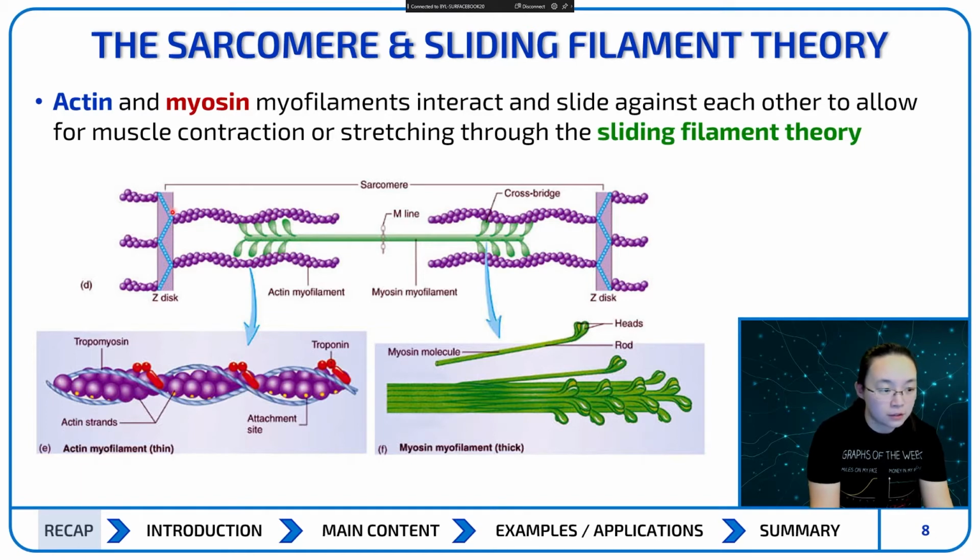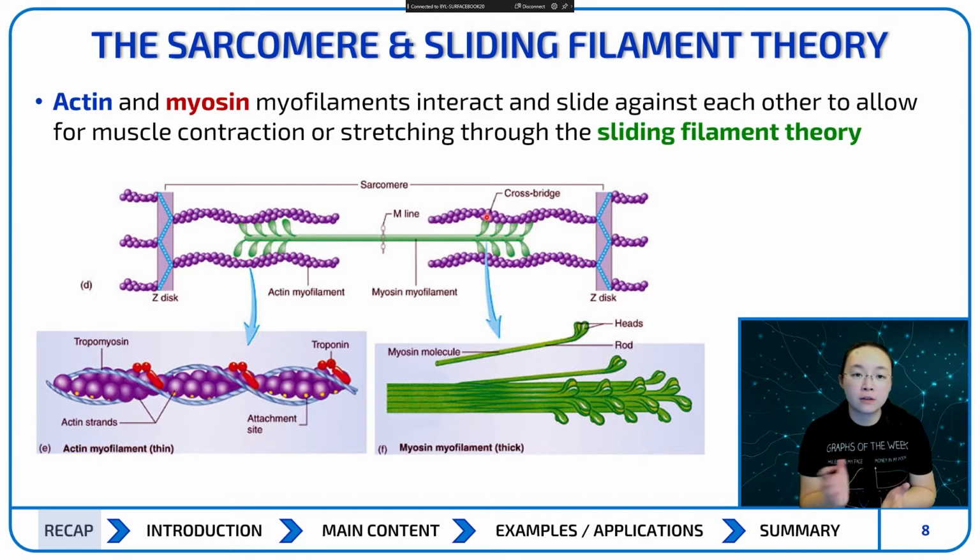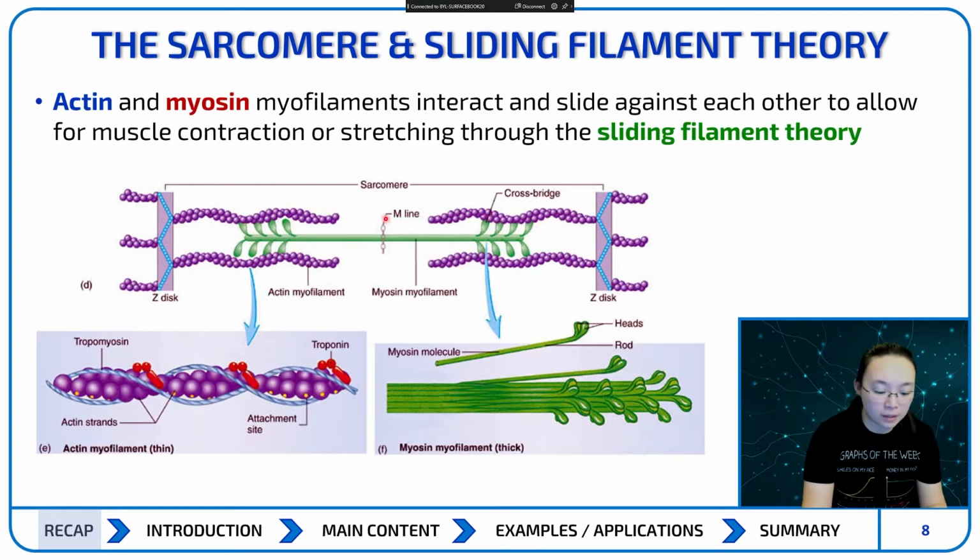The actin is shown here in purple, and then you have your myosin in green. And if you take a look at the green, you have these myosin heads that come up and stick to your actin. And it's these heads that push your actin closer and closer to the M line, which is in the center of your sarcomere.